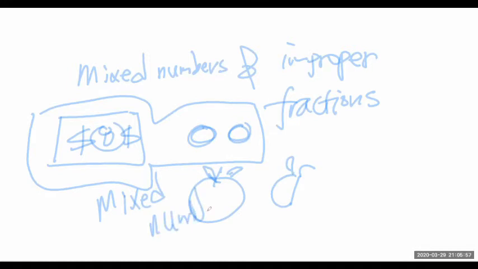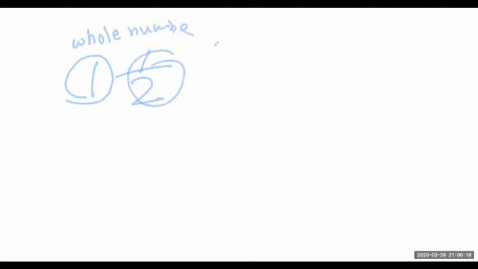For example, if we have 1 and 1/2, that is called a mixed number. What is this kind of number called? Whole number. And this number is called a fraction.